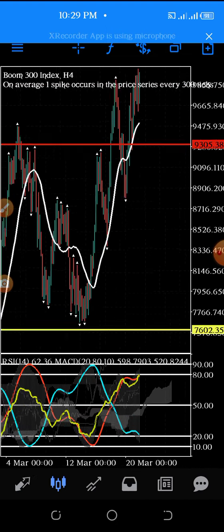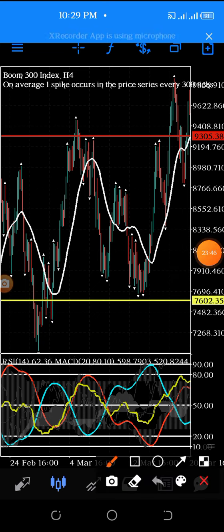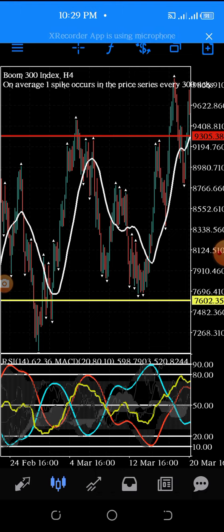This is the resistance zone. If it hits it now, you start selling. So you buy at the support zone and what? Sell at the resistance zone. Take note of that. Always buy at the support zone or support level and sell at where? Resistance level.